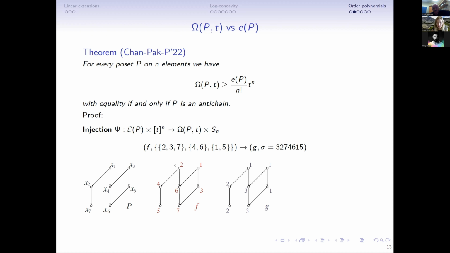How they are permuted depends on how these elements that we labeled 1 in f are arranged with respect to each other. So we actually have complete information of where we came from. So this is an injection.